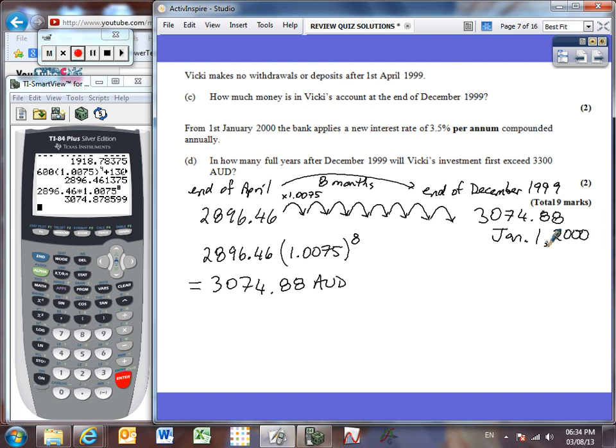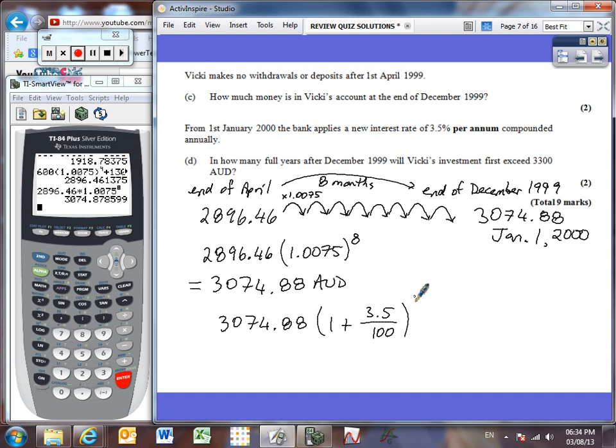It says, in how many full years will Vicky's investment first exceed 3,300 Australian dollars? So our 3,074.88 is now undergoing a new interest rate of 3.5%.